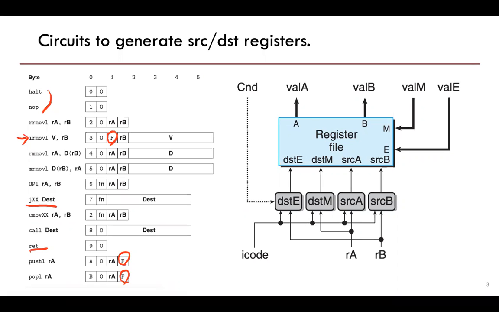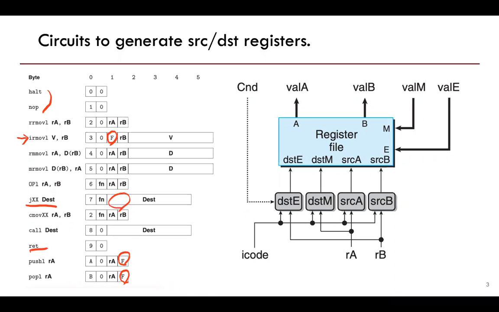For example, jump instruction cannot put F because we use byte 1 and byte 2 in this position for the destination value.